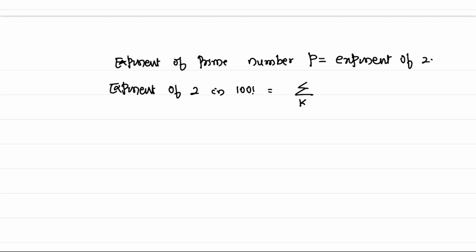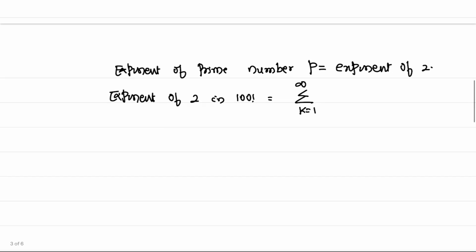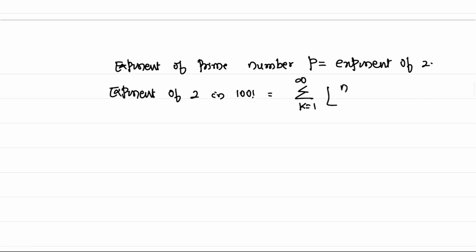Sum, k equal to 1 to infinity, n by p to the power of k. What is n? That is equal to the sum, k equal to 1 to infinity. Need not be infinity, we have taken up to infinity. To what numbers we can go forward, let us see. n is 100, p is 2, to the power of k.